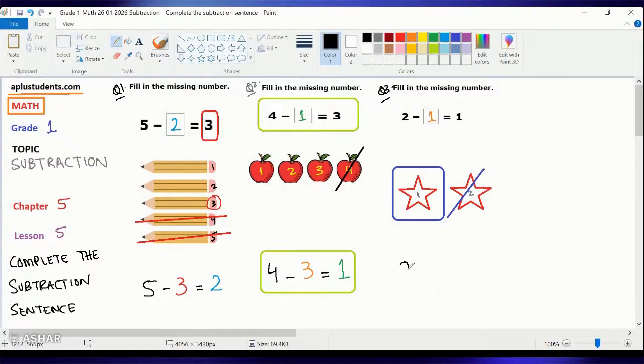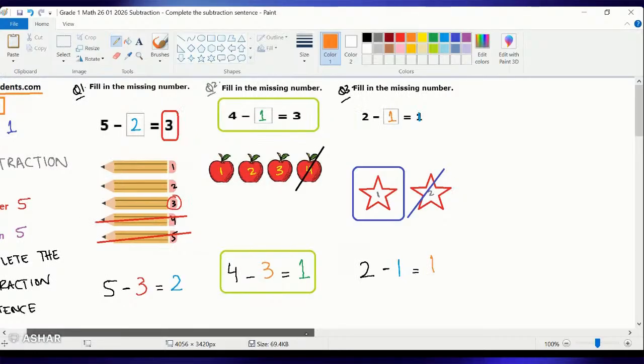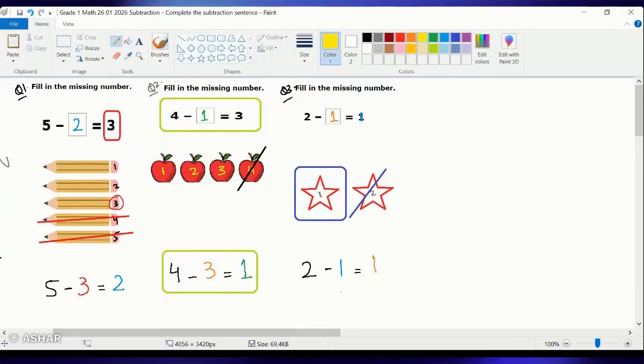That means 2 minus, if I take this as 1, minus 1 would again be equals to a 1, right? Do we agree on this? Yes, thank you, Precious. So what we are looking at over here is the reverse of the statement as well, right? If you subtract the first number from the total or you subtract the second number from the total, the total will always be the same.